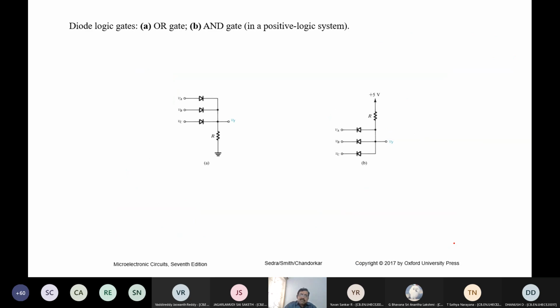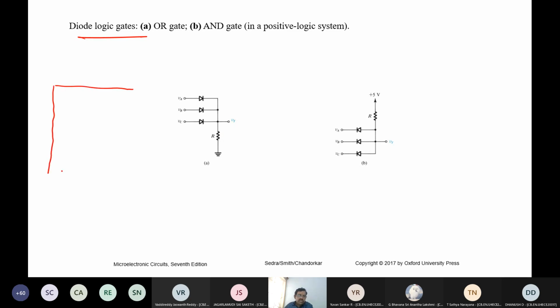Now, another application is the AND gate and OR gate. We'll finish it in a minute. We know another application is that we can implement logic gates with diodes. So I show here an example for an OR gate and an AND gate. How is this an OR gate?